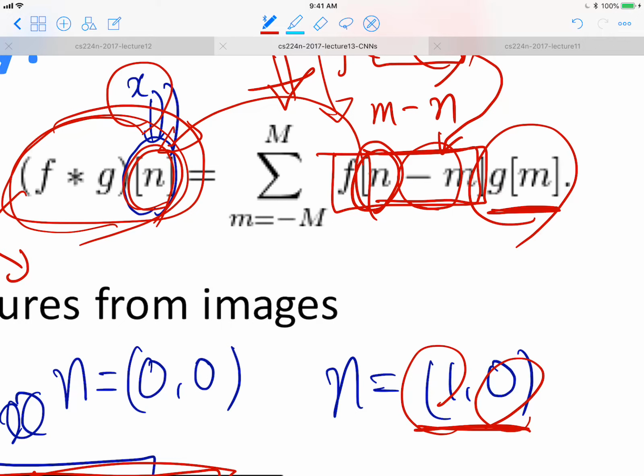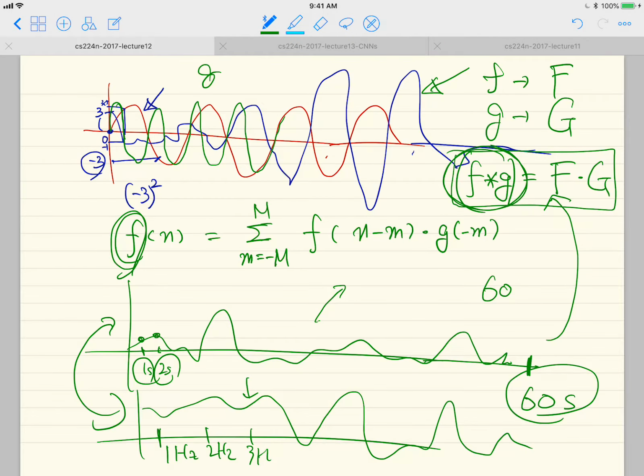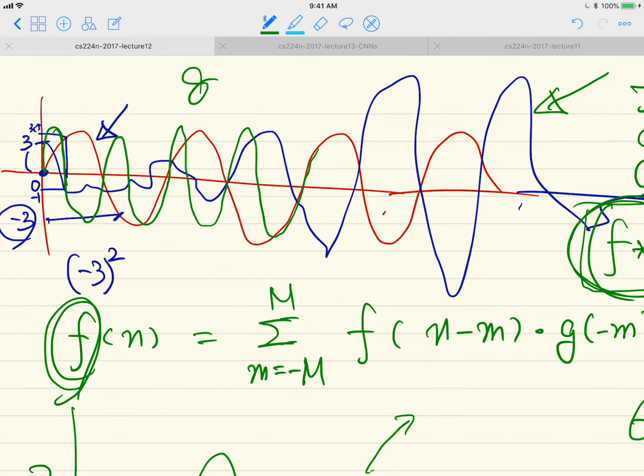Then in this case, how do we obtain the convolution between them? The convolution was like doing the inner product between them, right?